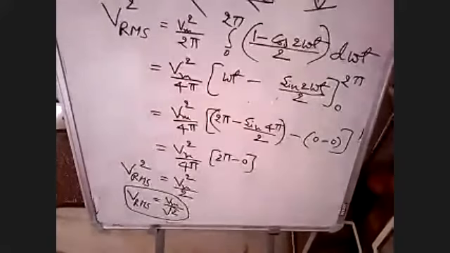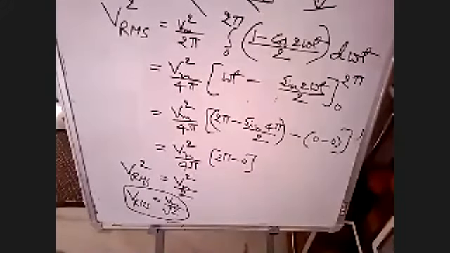So this formula you have to remember: VRMS is equal to Vm by root 2 for the full wave rectifier.